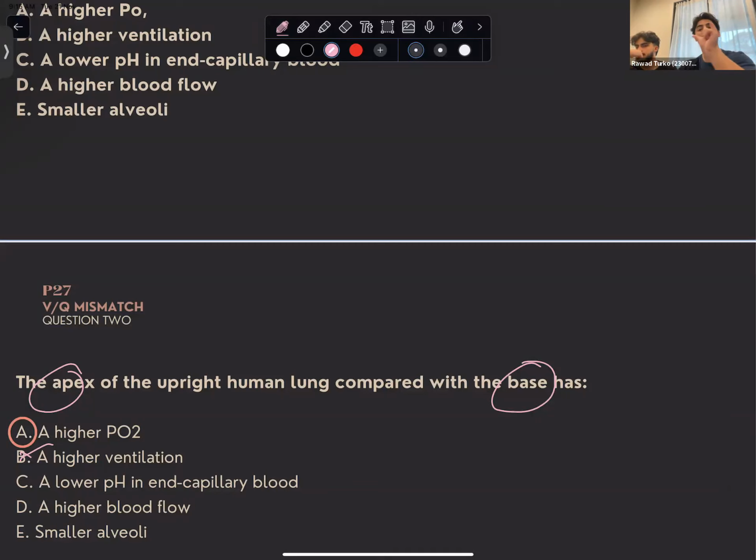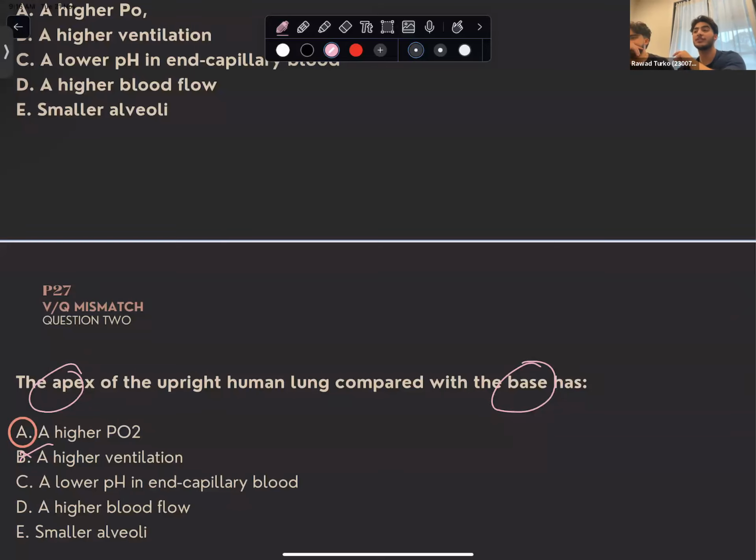The ratio is higher at the apex than it is in the base, and then from there build up and be able to solve questions more. So since the ratio is higher in the apex, you're going to have a higher PO2. But if you understand it fully, and you understand that it's because of the very, very low perfusion in the apex, and that's why we get the high ratio, then perfect. Go and help more people understand it.